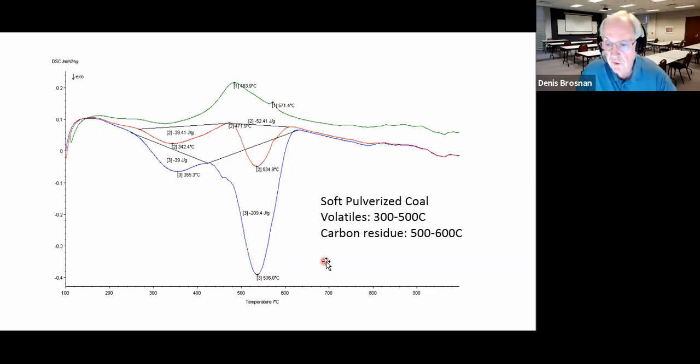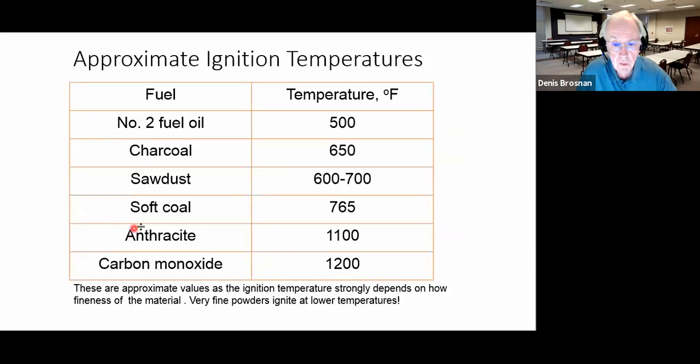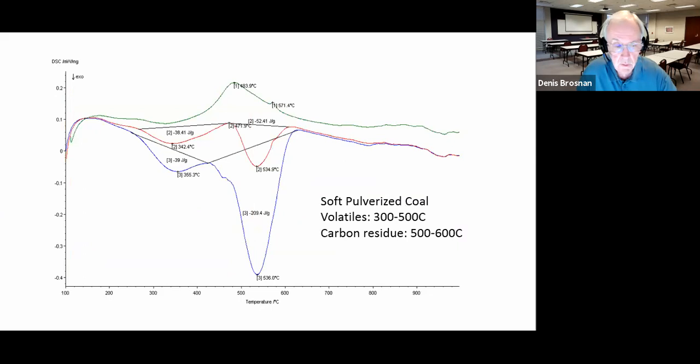So what is the ignition temperature of this coal that's pulverized? 300 degrees and higher. It's not, as we saw before, 700 to 1100. So it really depends a great deal on the state of pulverization of the material. Much lower temperatures for finer materials and dry materials, as they were in this particular instance.